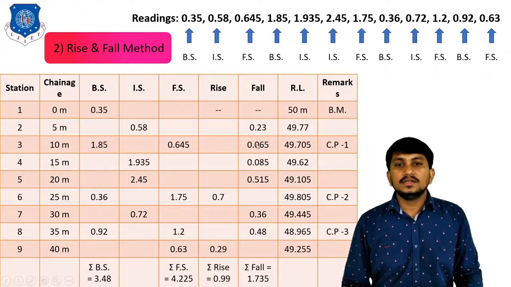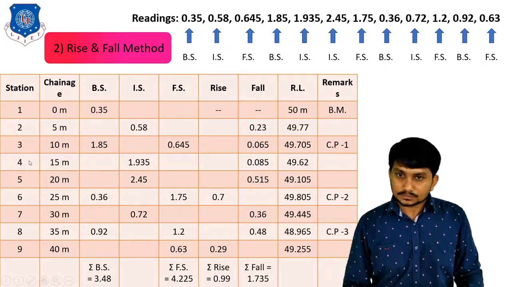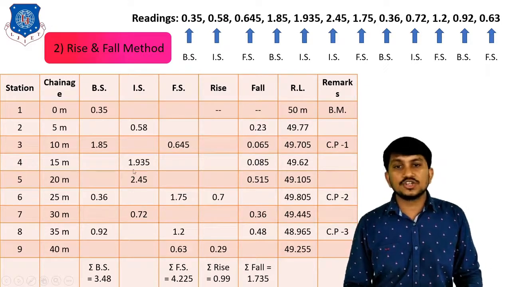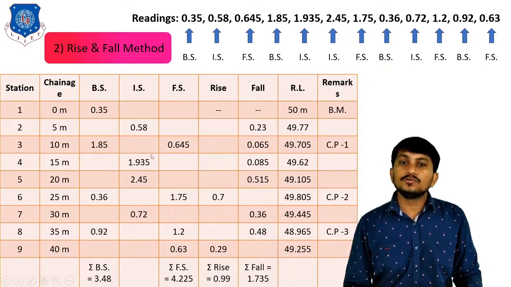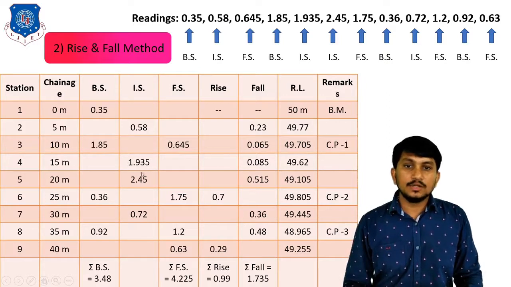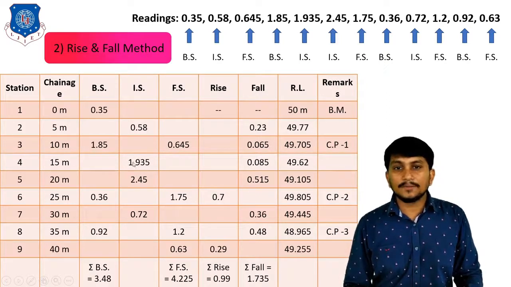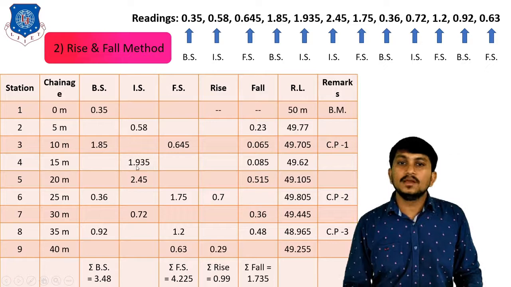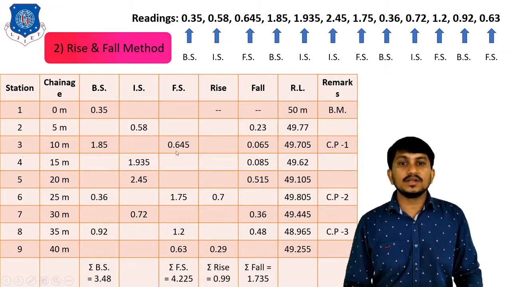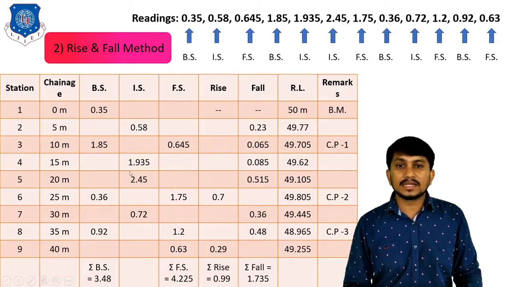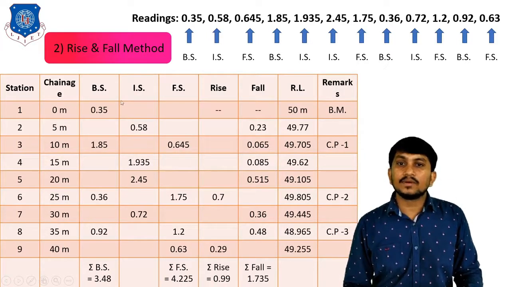Then to find the rise or fall of the fourth station, we have to deduct this staff reading from the preceding staff reading. Here the preceding staff readings are 1.85 and also 0.645, but this 1.935 is taken from the second setup, while 0.645 is taken from the first setup.